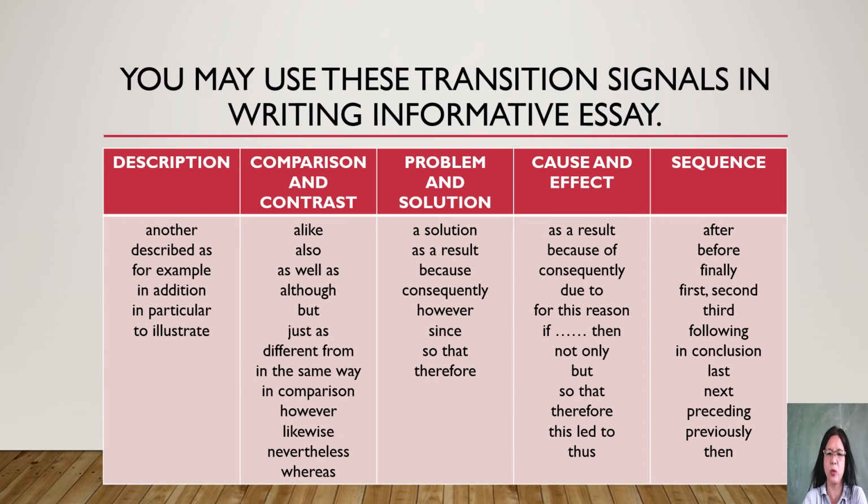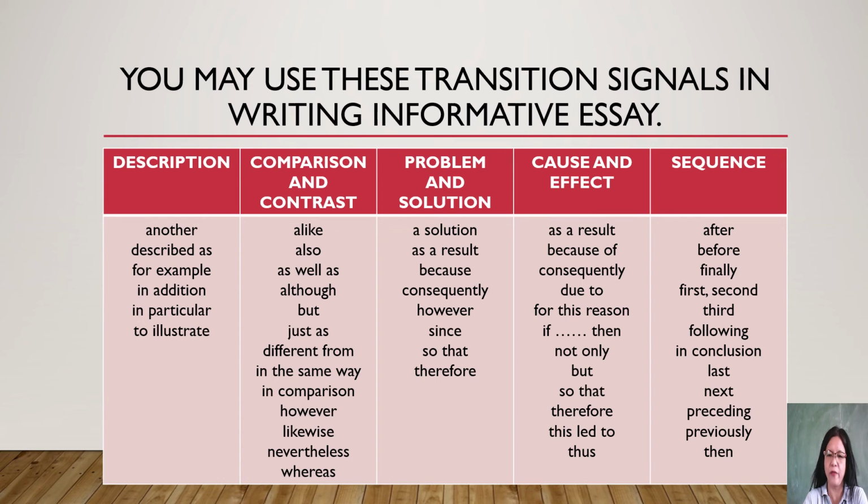Under problem and solution, we have a solution, as a result, because, consequently, however, since, so that, therefore. For cause and effect, you may use as a result, because of, consequently, due to, for this reason, if then, not only, that, so that, therefore, this led to, thus.